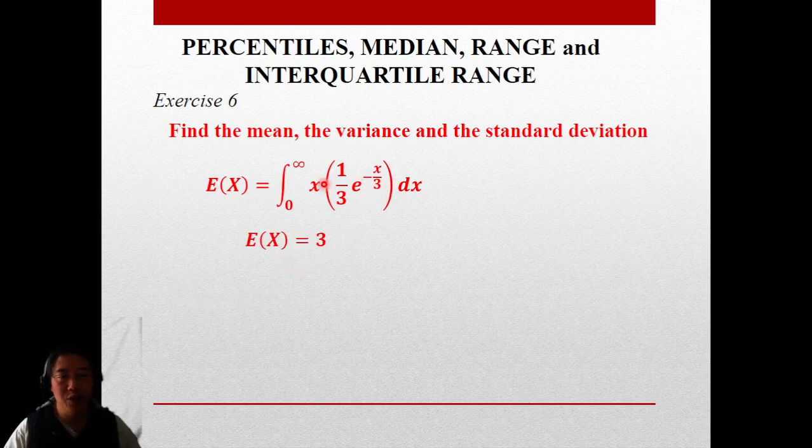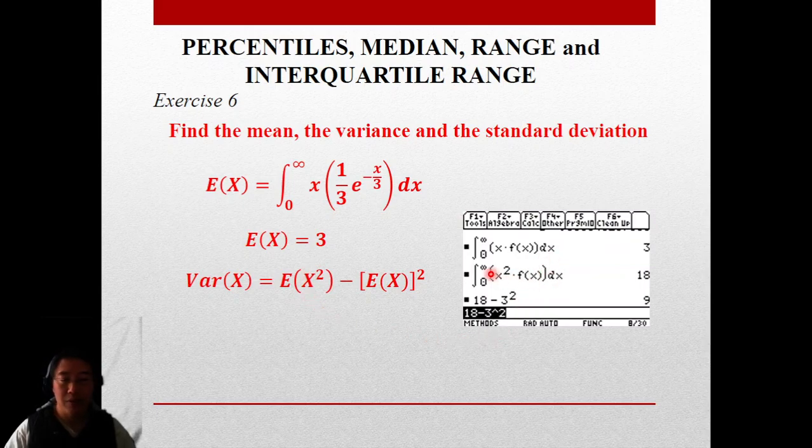And you anti-differentiate. You can use a CAS. I don't know if it's going to deal with infinity. Anyway, we've done that before. The expected value is 3. To find the variance, we're going to square this one. But first we need to find the expected value of x squared.